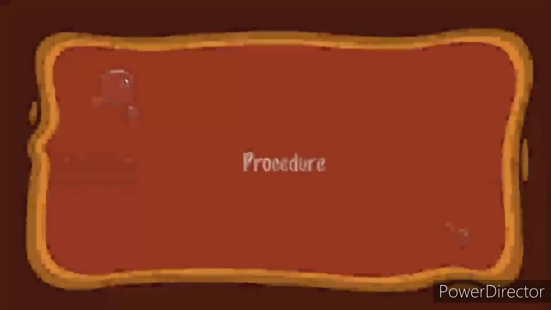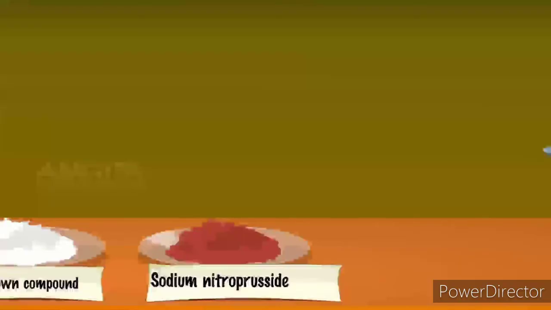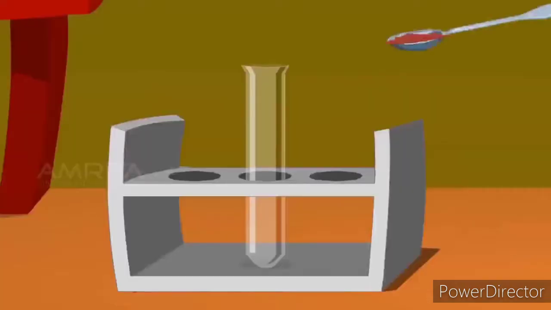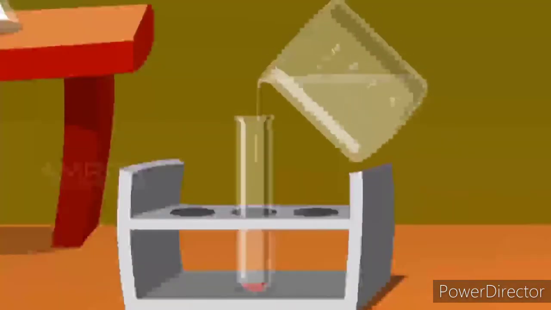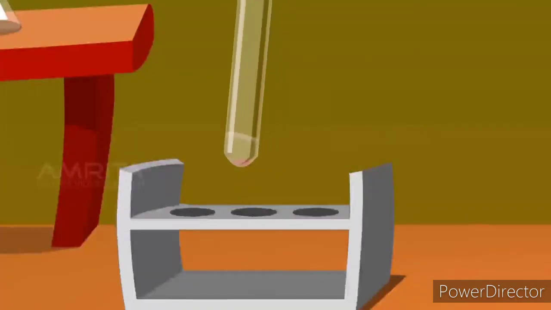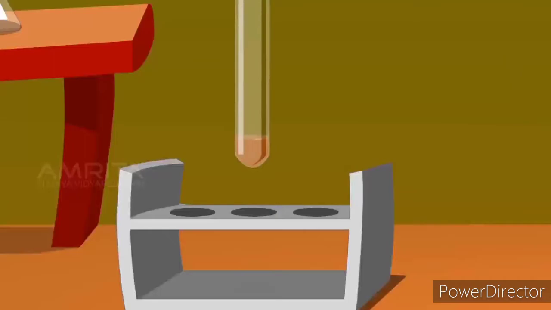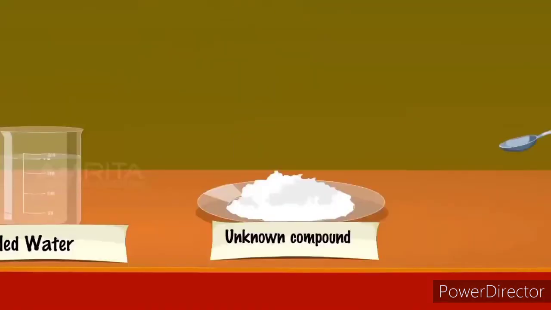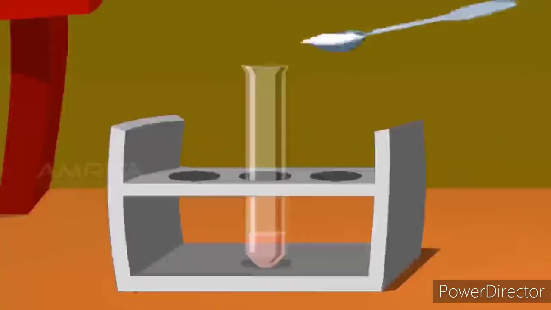Sodium nitroprusside test. Procedure. Take a spatula. Take some crystals of sodium nitroprusside into a test tube. Add some amount of distilled water to it and shake the test tube well. Take a small amount of given compound using a spatula.